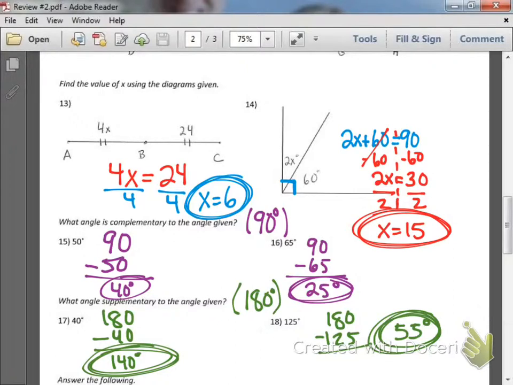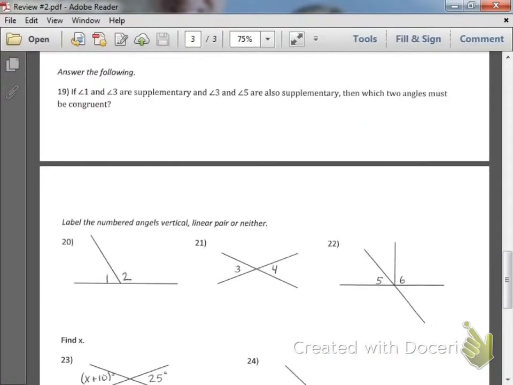Questions? All right. The next one goes with a theorem that we learned in chapter 2. If angle 1 and angle 3 are supplementary, and angle 3 and angle 5 are supplementary, which two angles must be congruent?